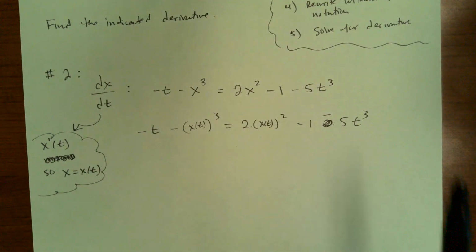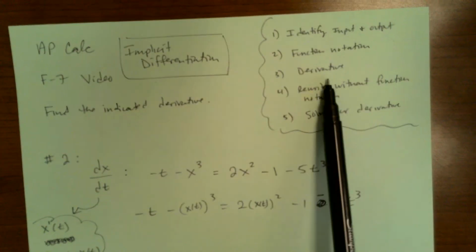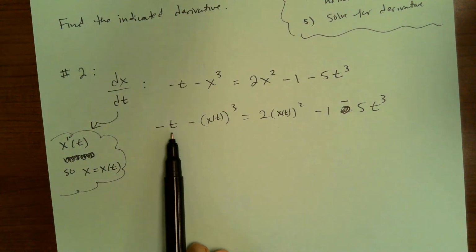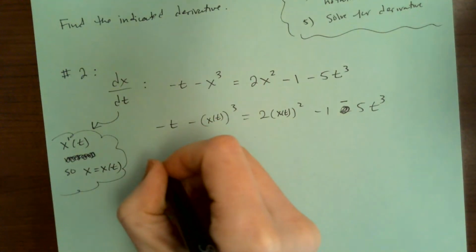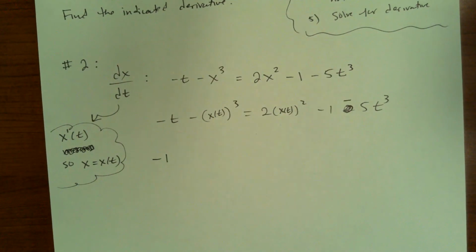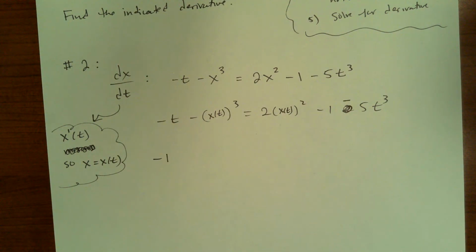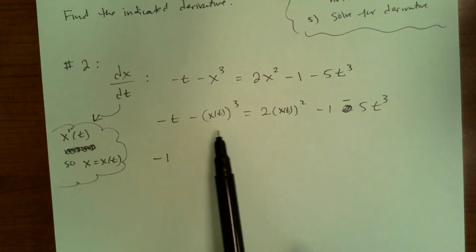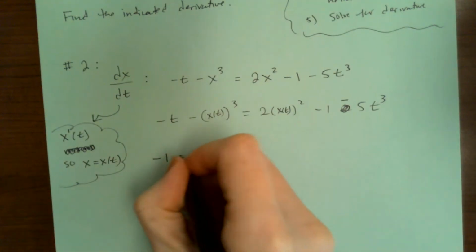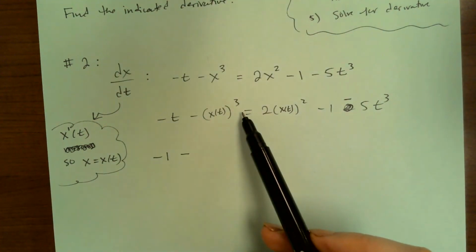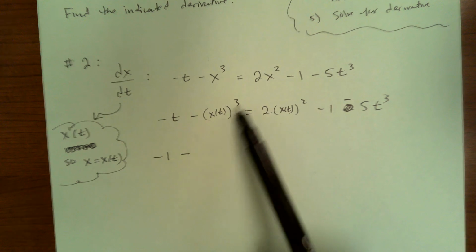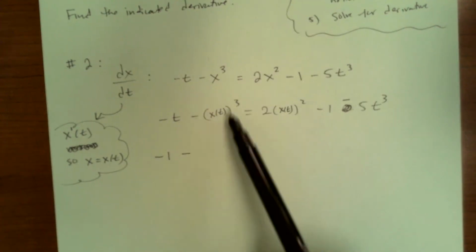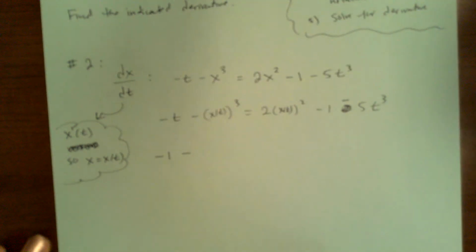All right. So now step 3 is we do the derivative of each term. The derivative of negative t is negative 1. Okay. t is the input variable, so you just take it like a regular derivative. Minus, I'll bring down the minus, x of t to the third. Guys, this is an in and out situation. The input is a function itself, and then we've got this outer function, blank to the third.